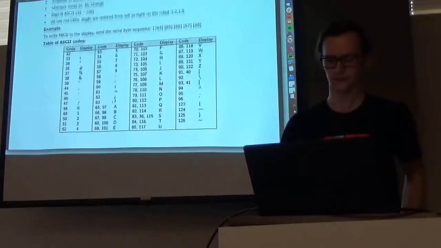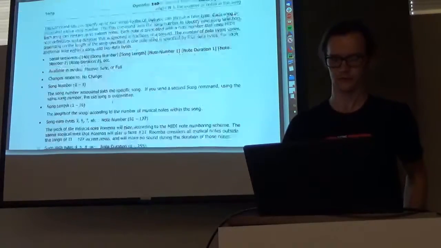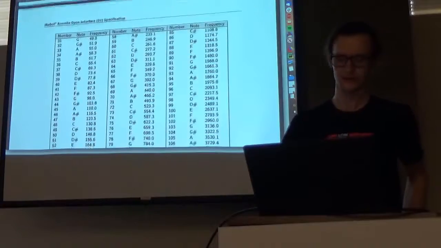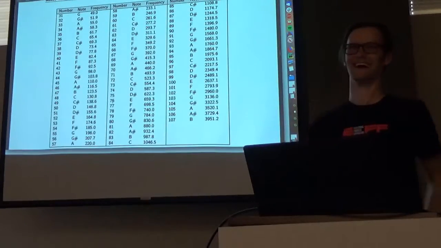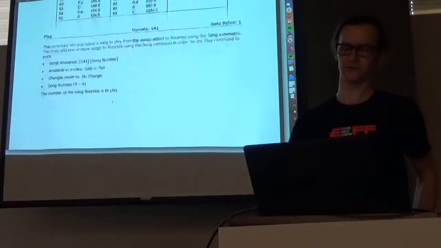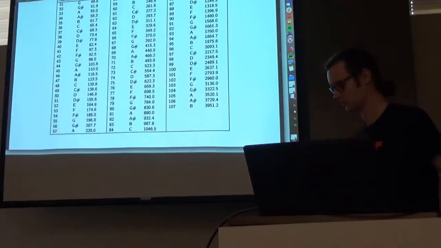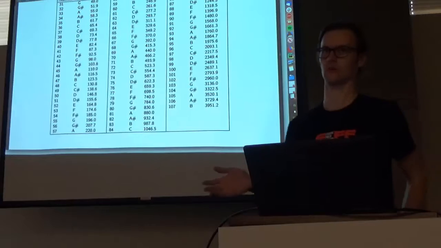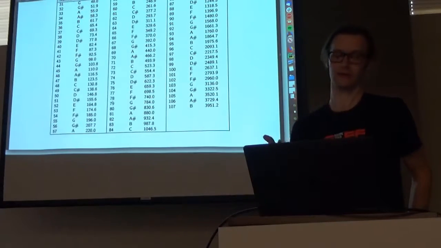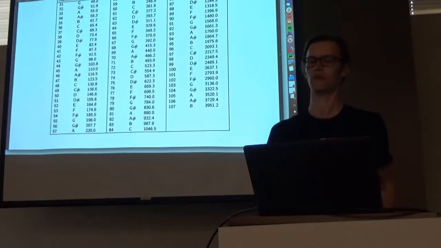Like, this is the code for A sharp, and this is the code for B flat. Yeah, right there. And it also includes all the instructions for the wheels, so you can control how it's turning. I mean, it is open and available for you to look at.